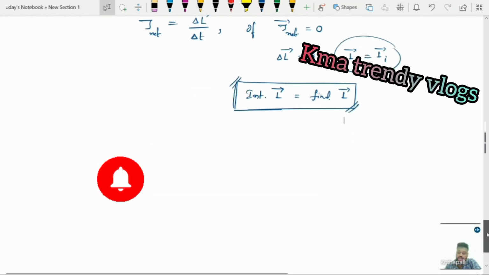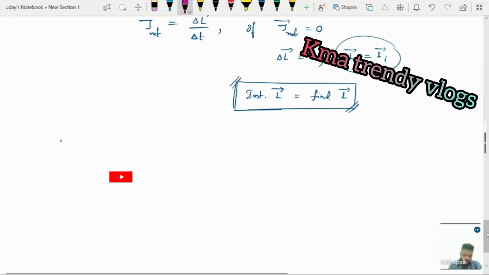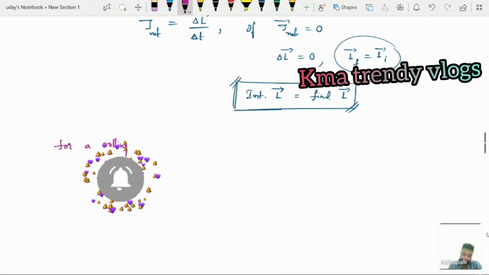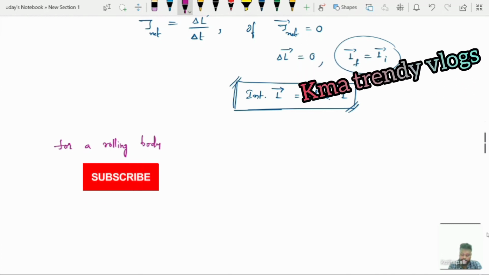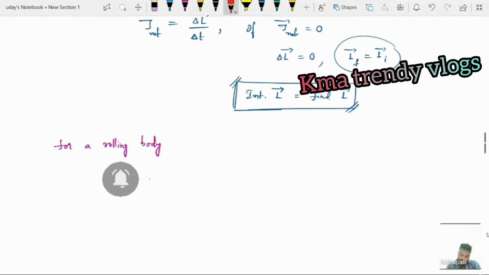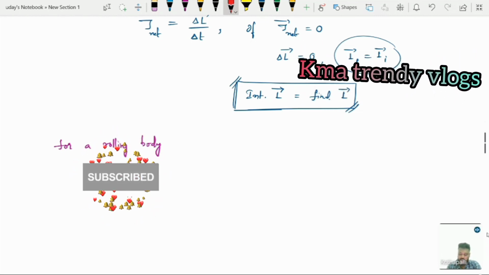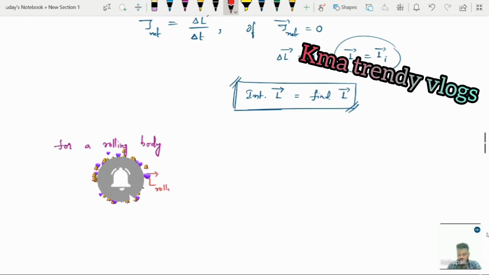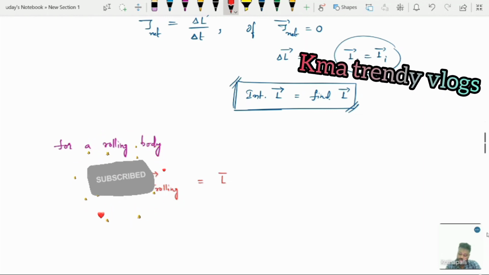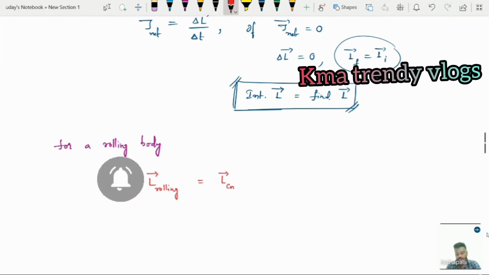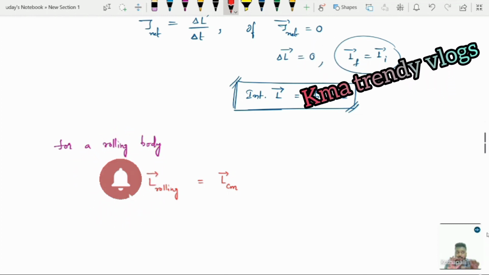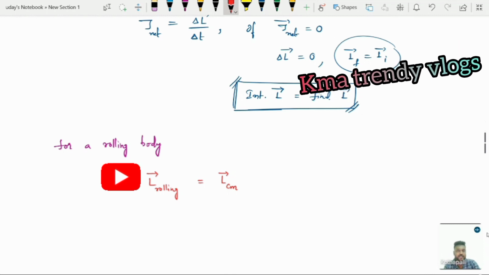Now if we see the situation of rolling motion, for a rolling body, a very, very important statement: angular momentum is given by the angular momentum of the center of mass, because the translatory motion is completely defined by the velocity of the center of mass.